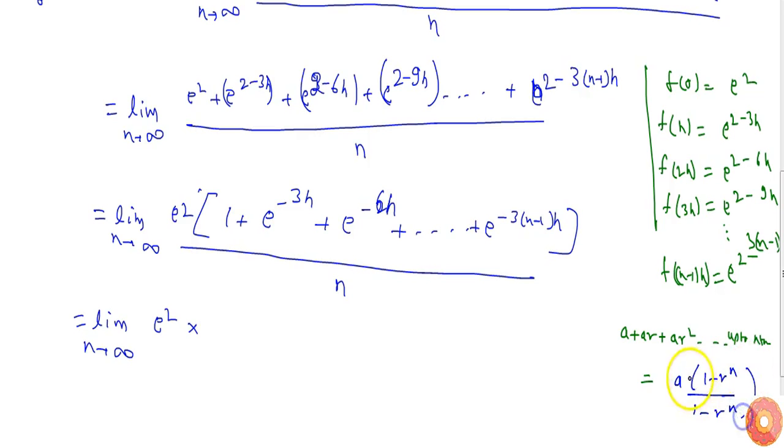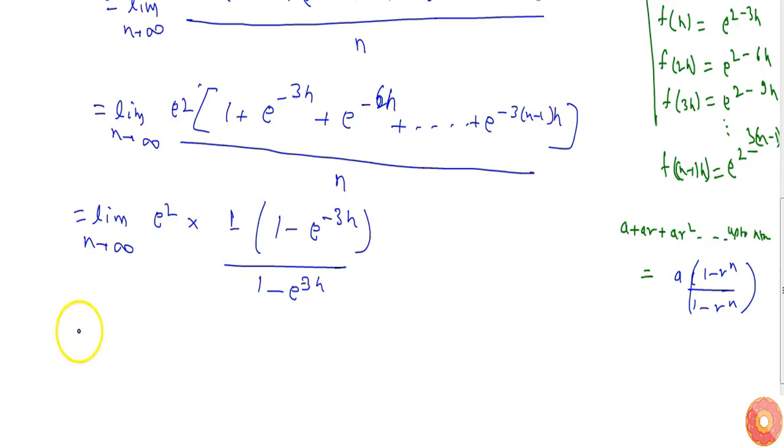So if I use this formula, here a is 1 and r is e power minus 3h, so it will be (1 minus e power minus 3hn) divided by (1 minus e power minus 3h).